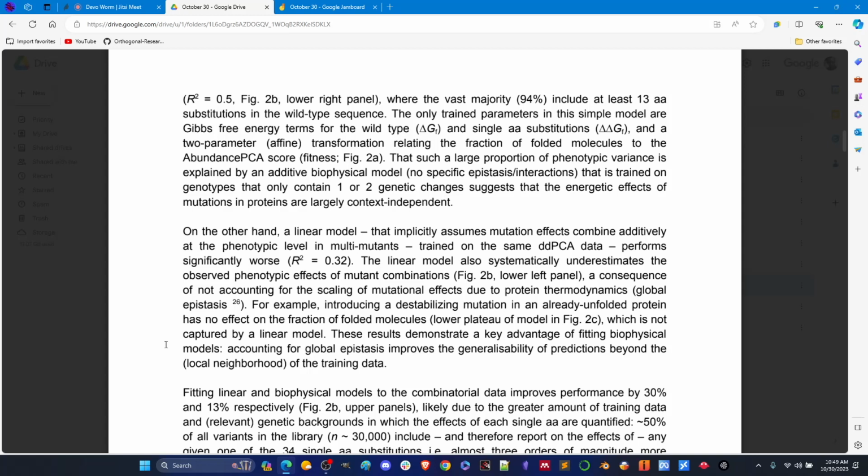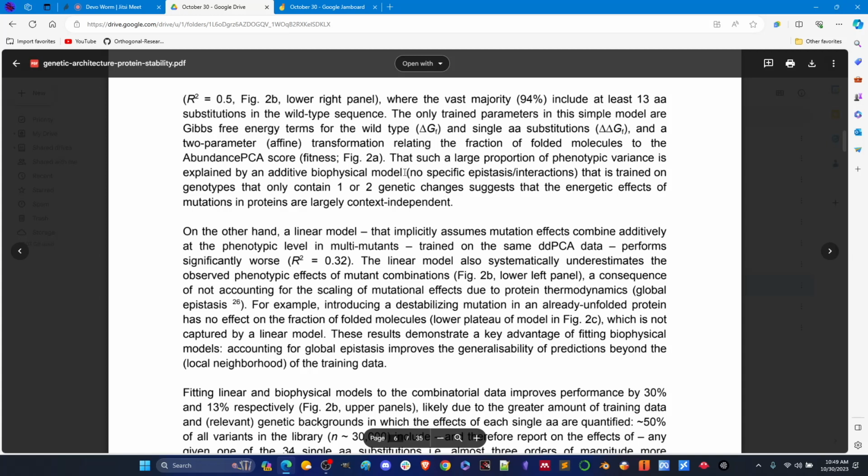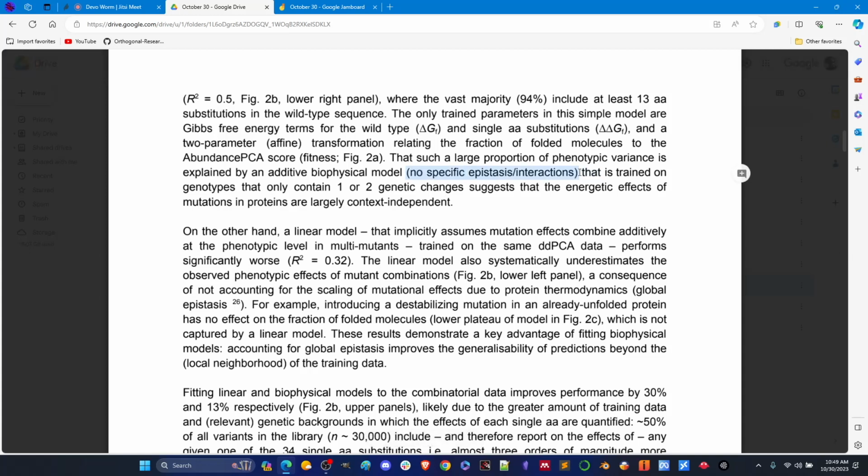So in the first model here, they talk about no specific epistasis or interactions, and that just simply means that it's not specific to the context. So specific epistasis means there could be some specific interaction that we expect in a gene regulatory network or in a circuit of genes that contribute to a protein.